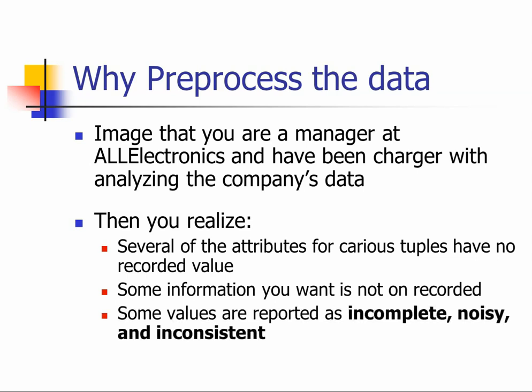This is something you can easily find. And some values are reported as incorrect, or noise. Some product's price is negative $10. How can that be possible, right? And inconsistent: you have the same product and it has 2 or 3 different tuples with different prices. So which one is the one that you really want to use?